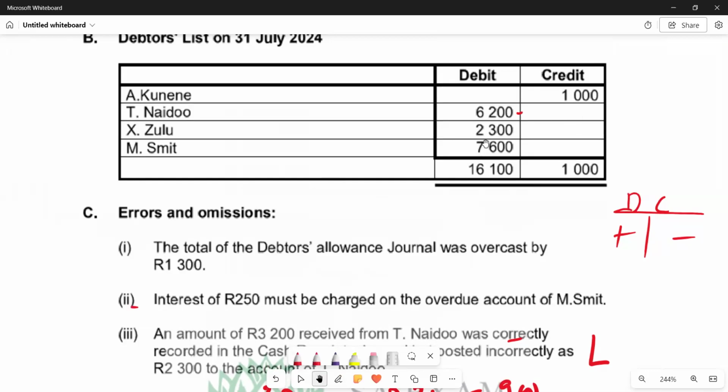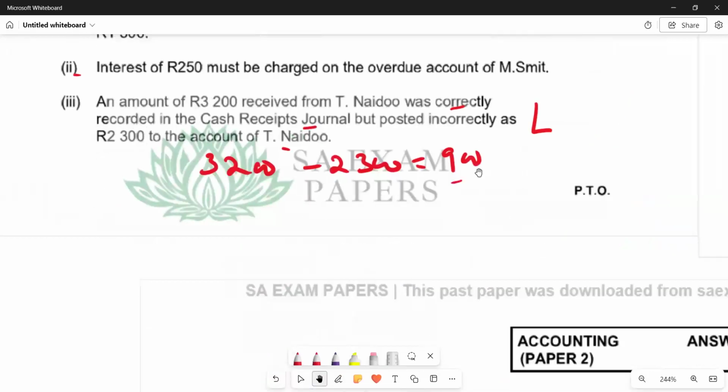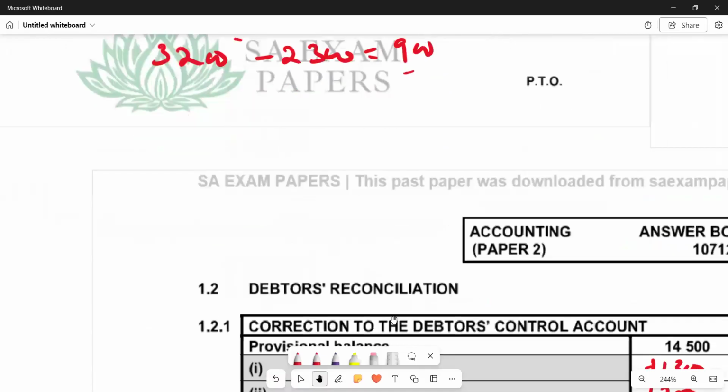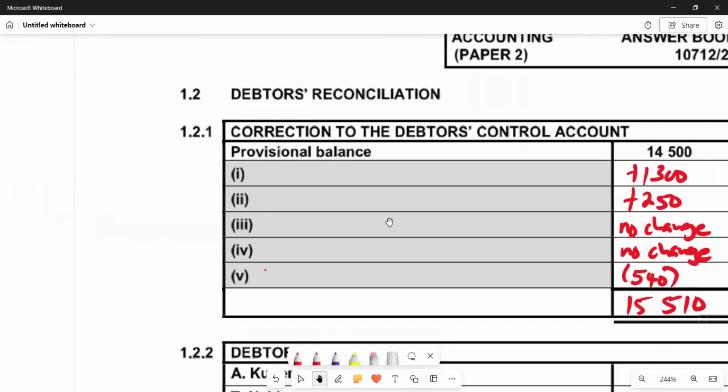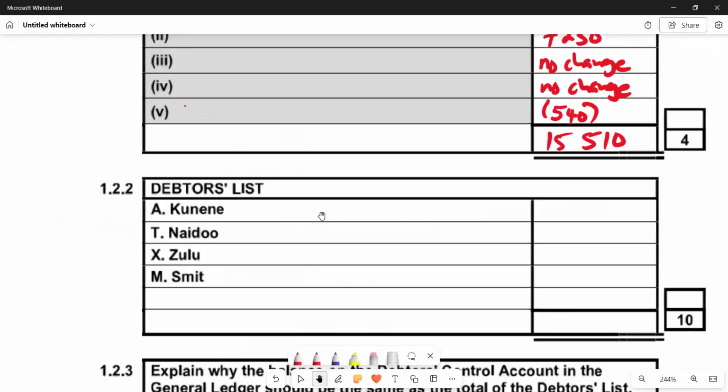So we go there again on the answer section and effect that adjustment. So if you come here, this is T92. So we are saying 6,200, and then we are subtracting 900.